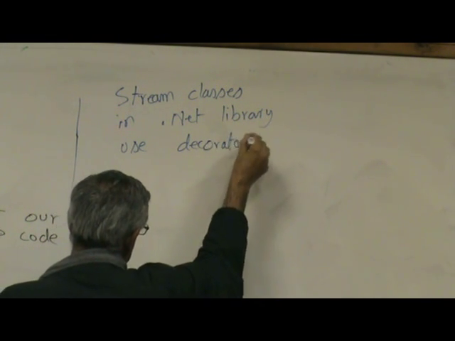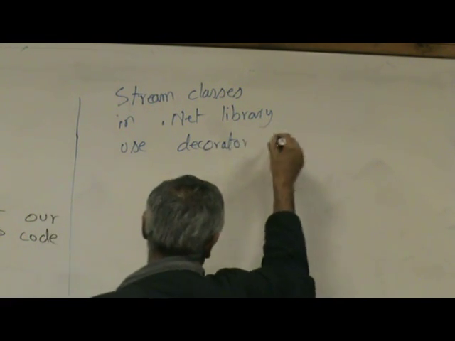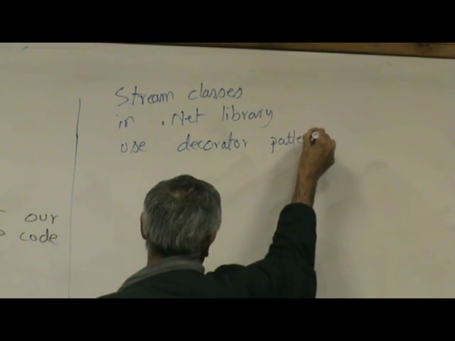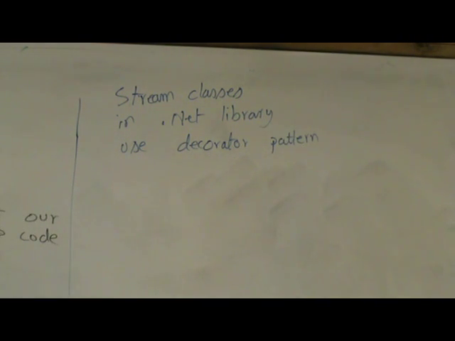So if we have time towards the end of the course, I'll explain what this decorator design pattern is. But if a set of classes implements this pattern, one of the benefits of this pattern is to change one class type to another type, you simply pass an object of one in the constructor.